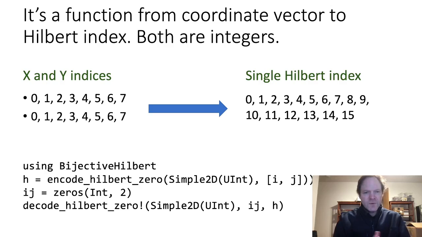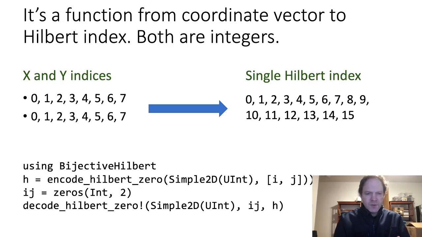It's an algorithm. On the left, we have the x and y indices, and on the right, you have the single Hilbert index. In this case, it's for the level 3 Hilbert index, meaning 2 to the third is 8. So this goes from 0 to 7 on each of the axes. And the Hilbert index needs to be able to store 6 bits of information, which is what you see on the right.